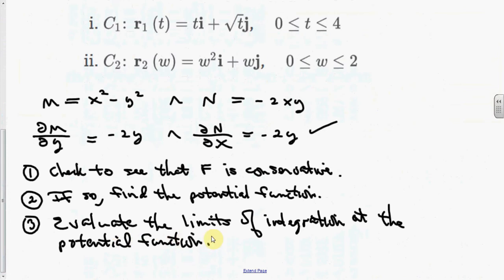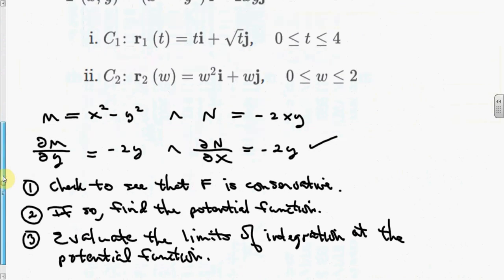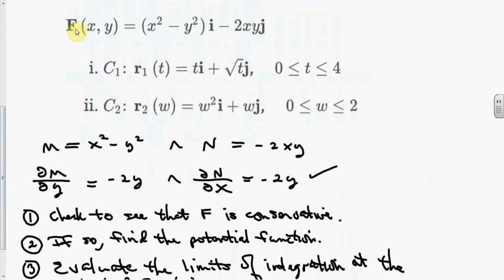Okay. So from this vector field, we're going to find the potential function. We're going to integrate this. Remember, we changed i to dx. Then there's a minus sign there, so minus 2xy dy. So I'll do the integration.